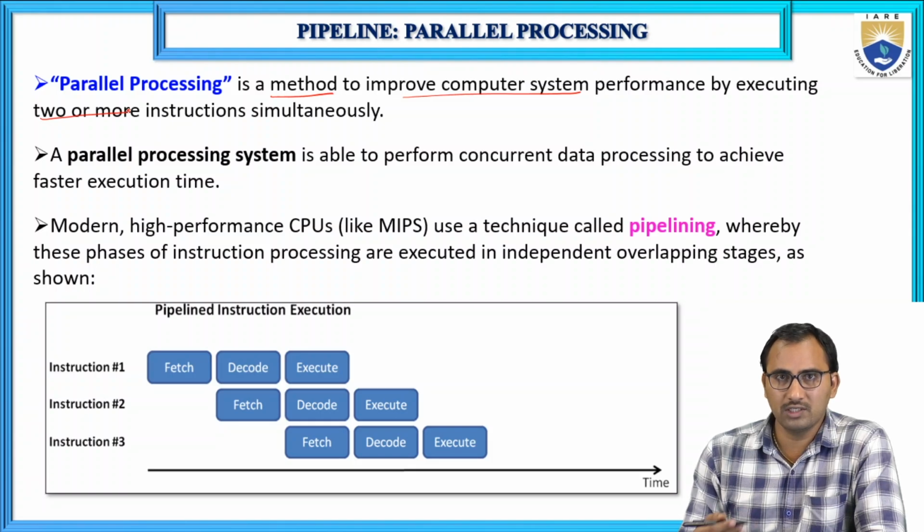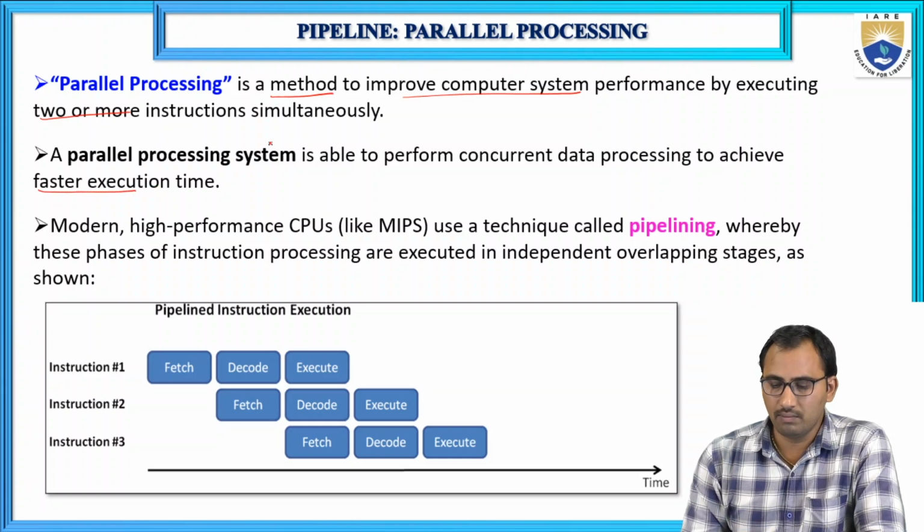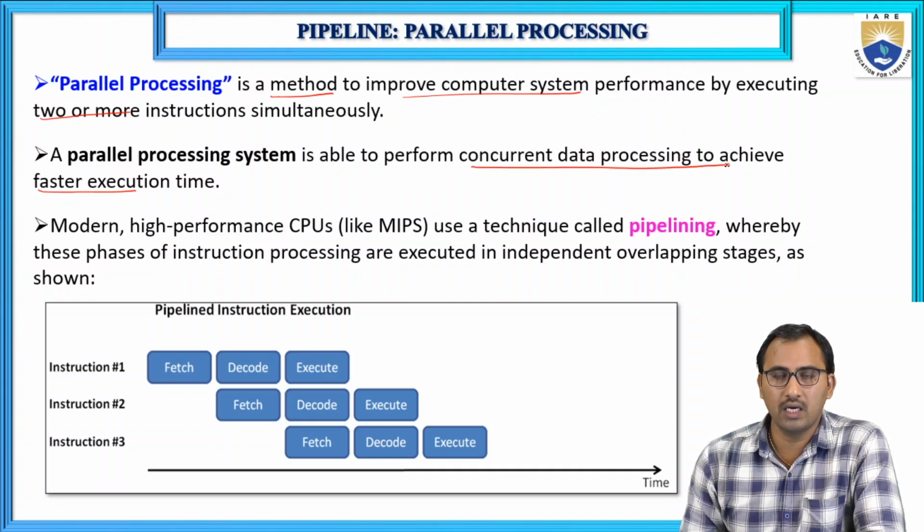A parallel processing system is able to perform concurrent data processing to achieve faster execution time. Concurrent data processing means we are executing two or more instructions simultaneously.